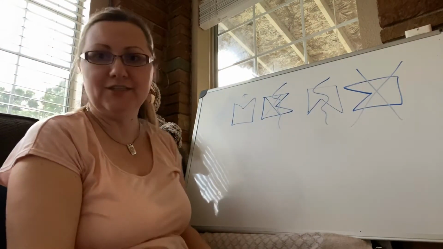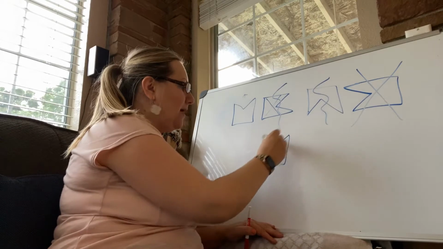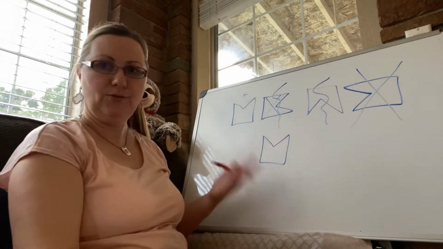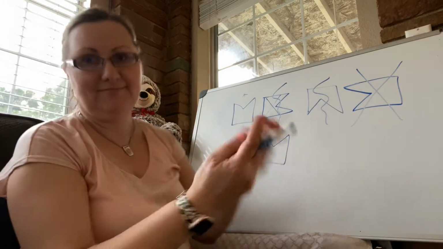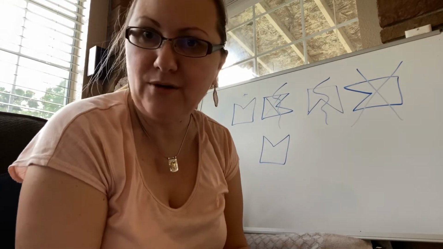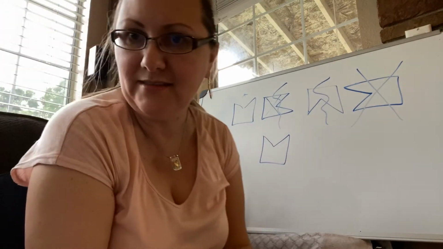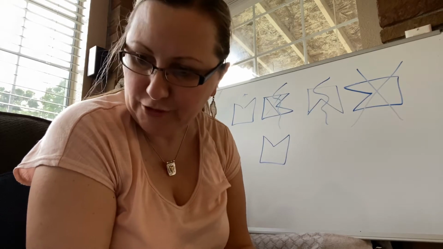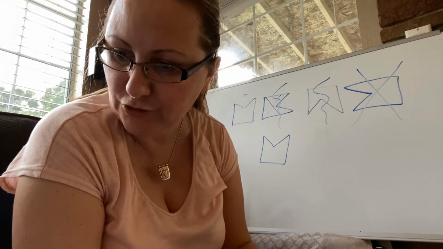Also does not. So the very first time that it would work is when you turn it right back the way it started, and that one doesn't count, because if the only time it works is when it's exactly the same, then that is not rotational symmetry. So letter A does not have rotational symmetry.